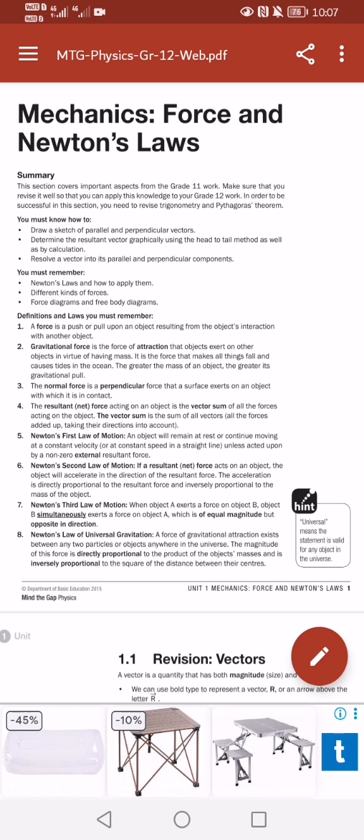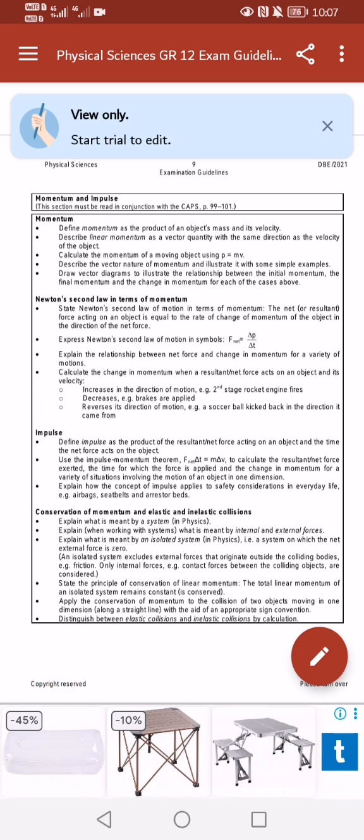So let's go to the examination guidelines of 2021, meaning what do they expect from us as students.